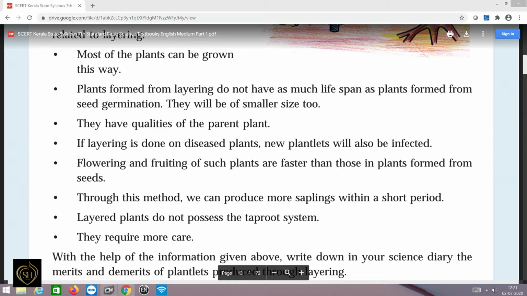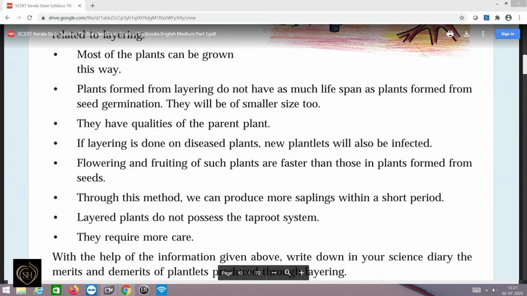These are the demerits. We can also go through the textbook, where it is given. First, most of the plants can be grown this way. Second, plants formed from layering do not have as much lifespan as plants formed from seed germination. They will be of smaller size too.